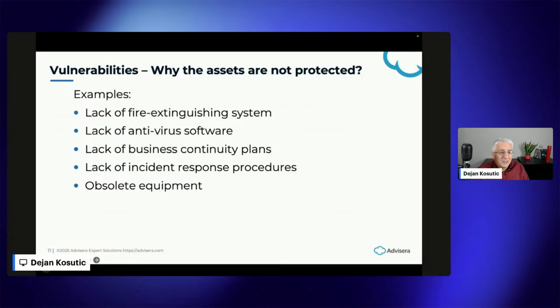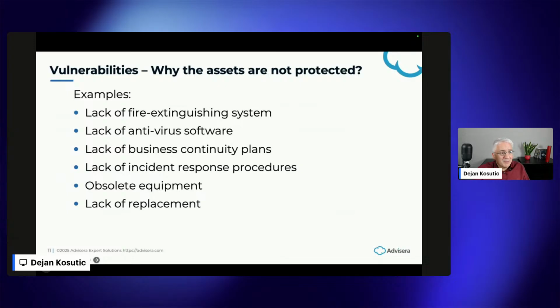Obsolete equipment is obviously related to your hardware. If this equipment is obsolete, this means that it's probably not maintained well, that it can simply stop working, or maybe that it's not protected enough from the software point of view. Lack of replacement is a vulnerability related to people, right?